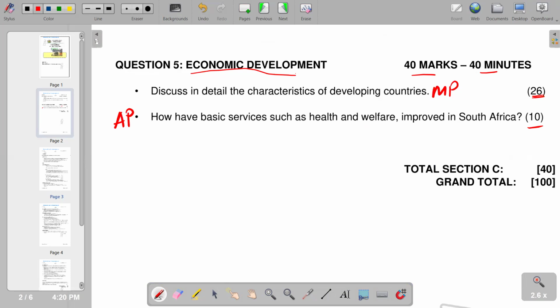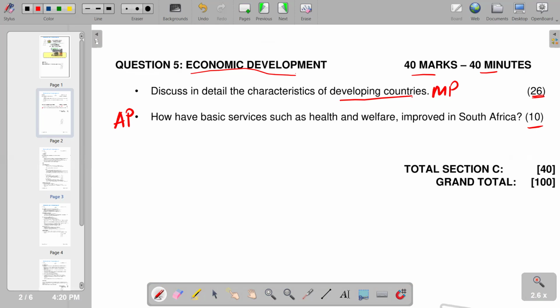In the introduction, you can define any key term that we see in the question. So we have developing countries that we can define in the introduction. Developing countries are countries with a relatively low standard of living, an undeveloped industrial base and a moderate human development index. So those are the characteristics of developing countries.